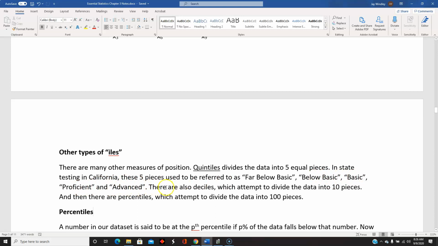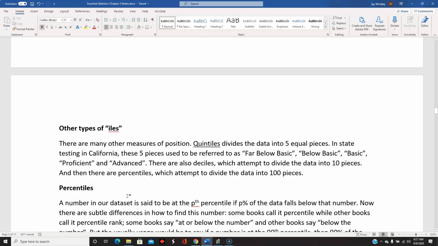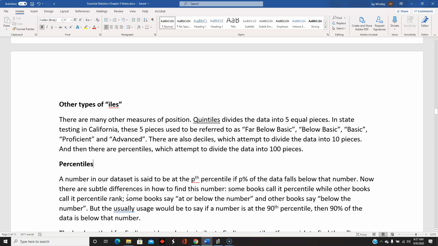There's also some data sets that get split up into 10 pieces, which is deciles. And then the final one is percentiles, which is an attempt to divide the data up into 100 pieces. So here's the way we establish percentiles.